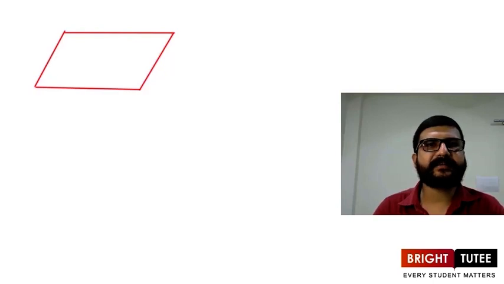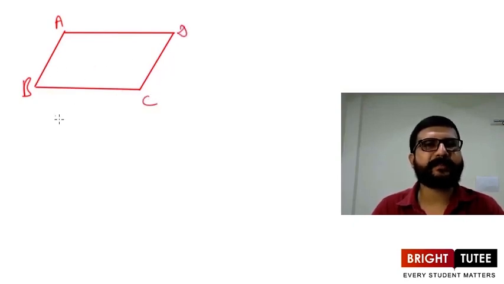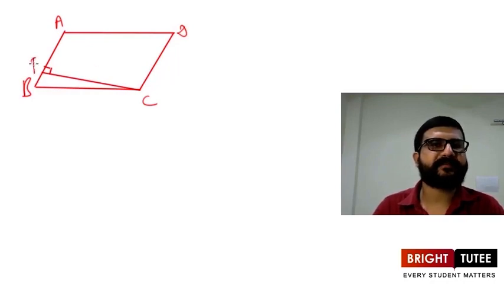If we are considering this AB as a base, what will be the height? We have to drop one perpendicular from the opposite vertex on the base AB like this. So this is perpendicular. Let's say it is F. So here if AB is the base, then CF is the corresponding height.